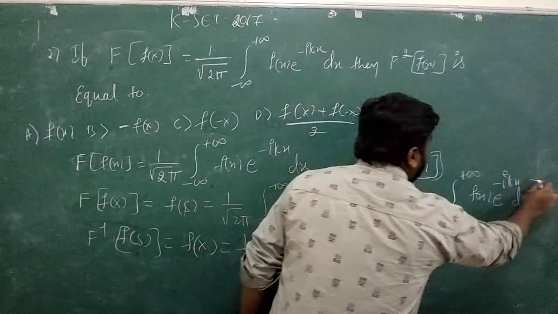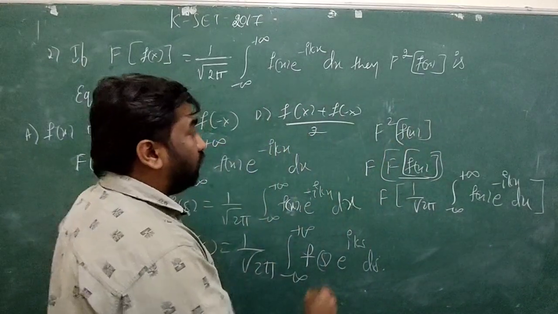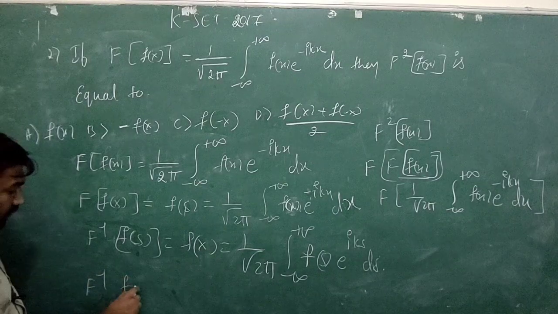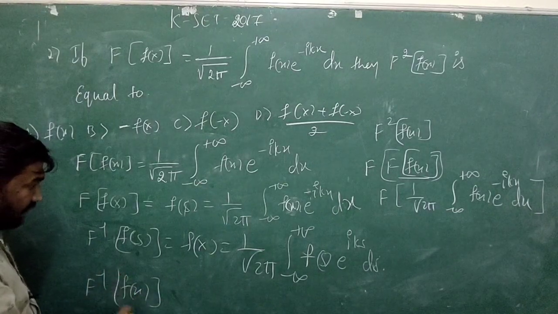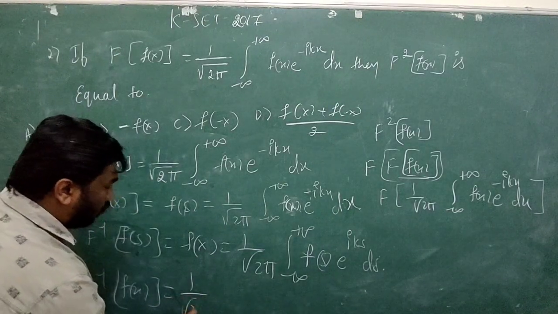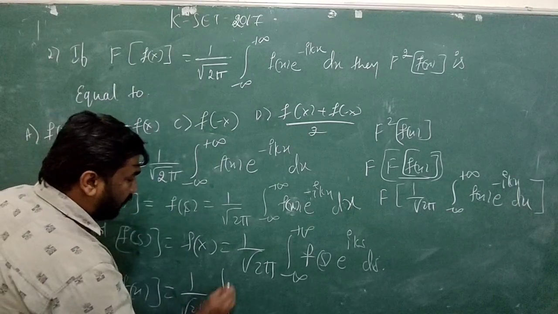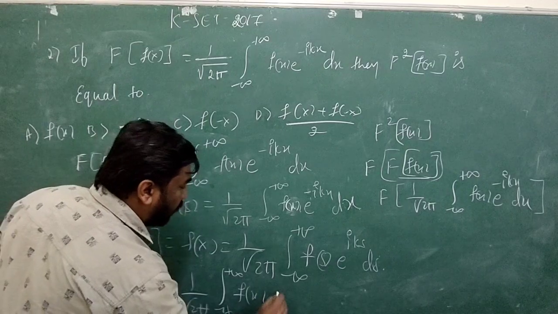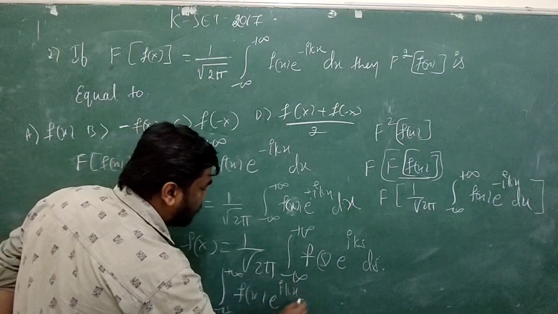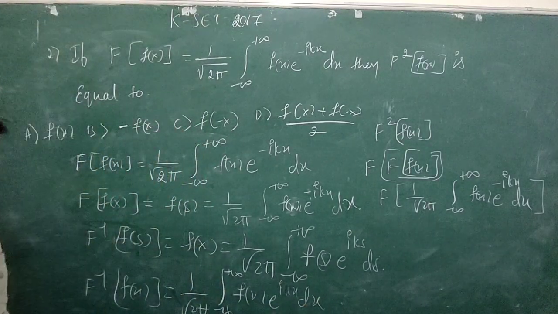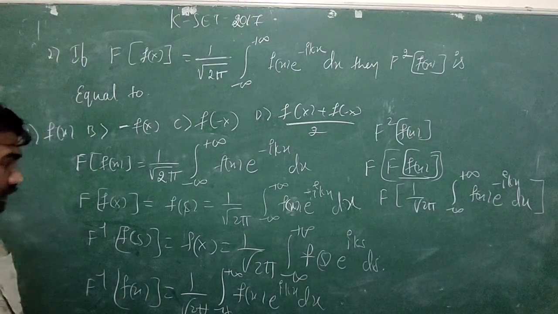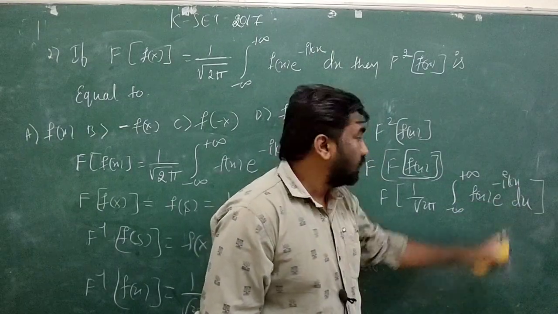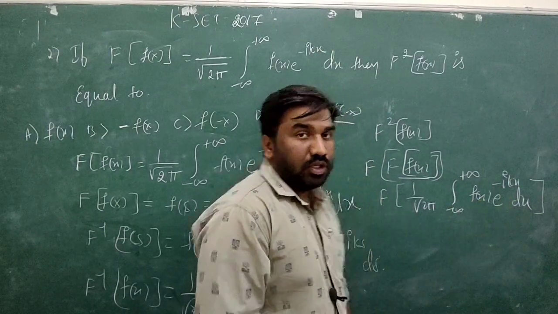And we know from this expression that F inverse of F of x can be written as 1 by root 2 pi integration minus infinity to plus infinity f of x e power ikx dx. But here we have minus ikx, so there is an extra minus term.